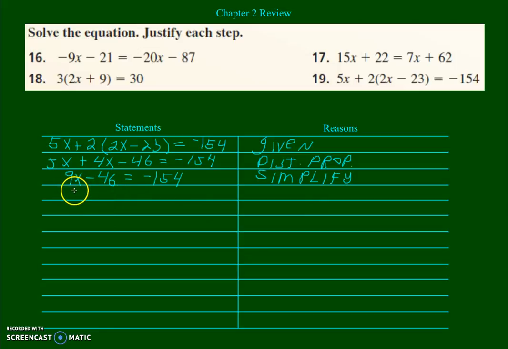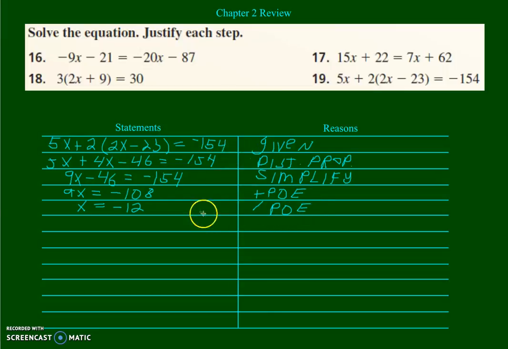So 9x equals negative 108, and that would be addition property of equality. And now we'll divide by 9. So we have x = negative 12. And that was division property of equality.